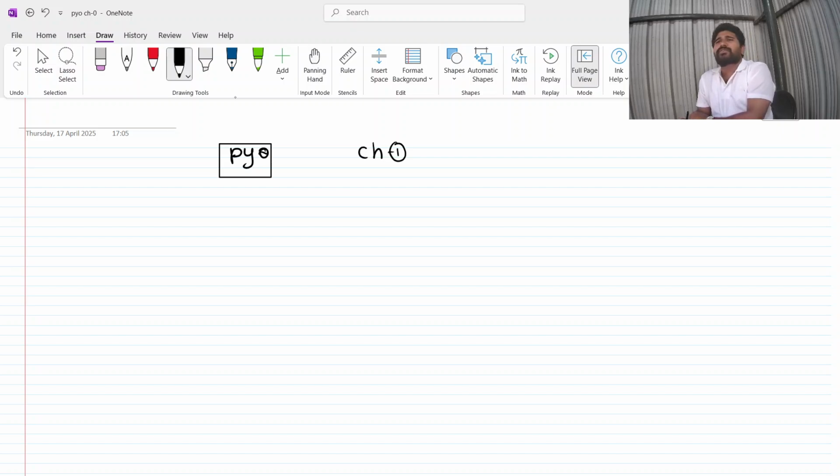Remember, there are total how many chapters in chemistry? Four chapters. So chemistry has how much of a percentage out of the 80? Should be 25. 25 divided by 4.